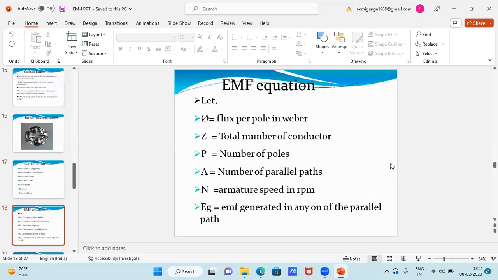P is the number of poles. A is the number of parallel paths. N is the armature speed in RPM. Next, Ez is the EMF generated in any one of the parallel paths.